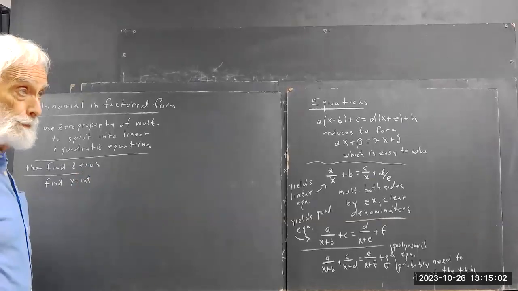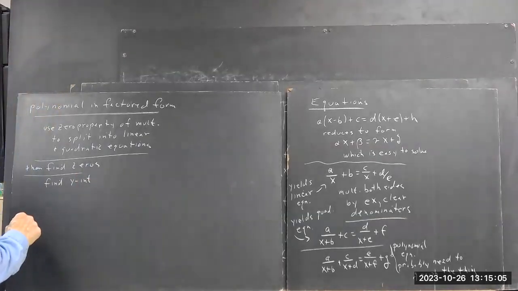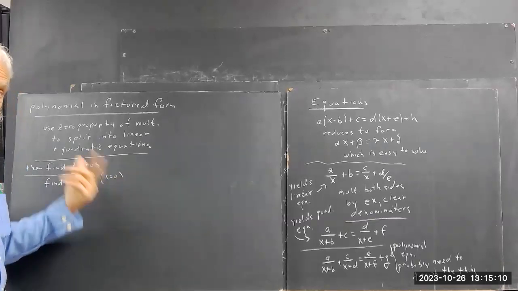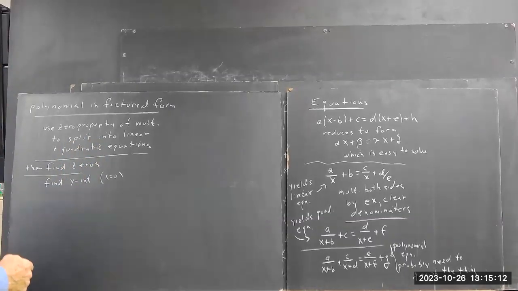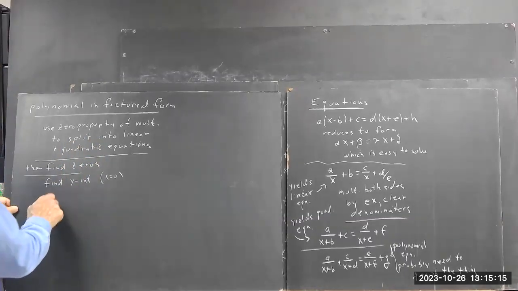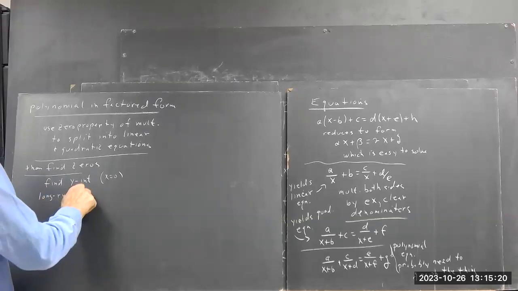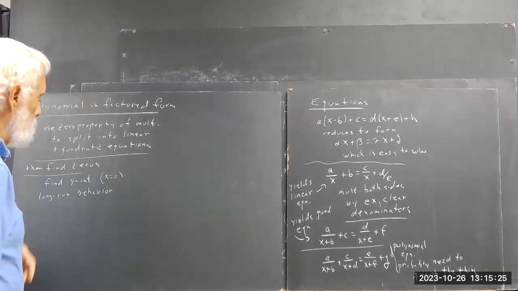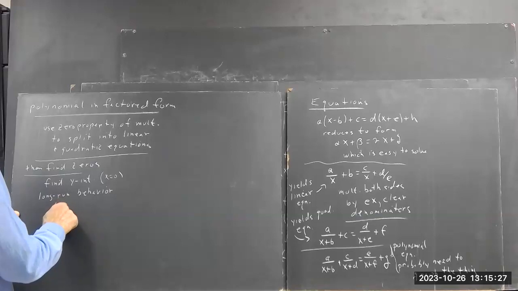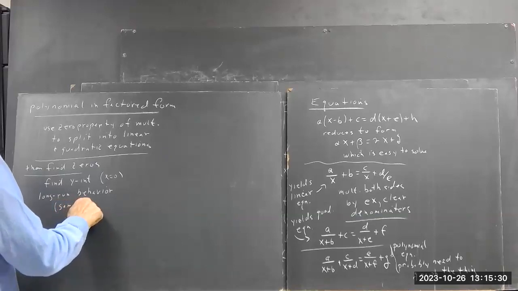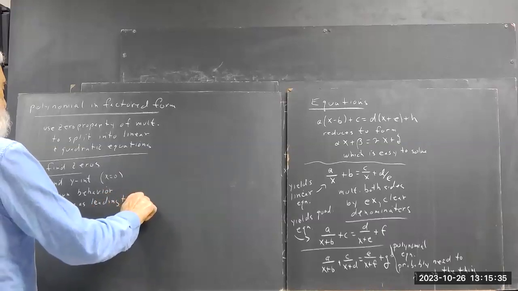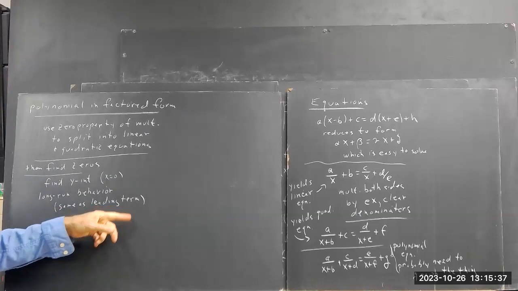Find the y-intercept with the curves for x equals 0, I keep reminding you. Long run behavior is the same as the leading term.